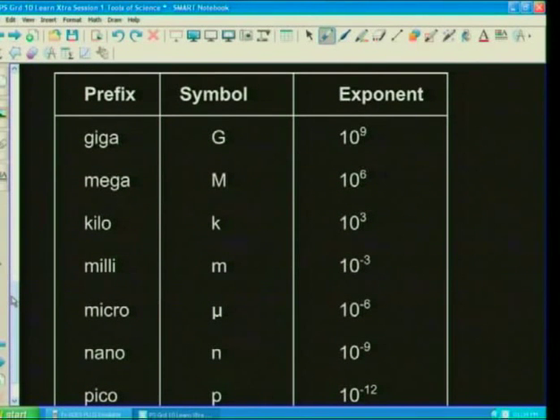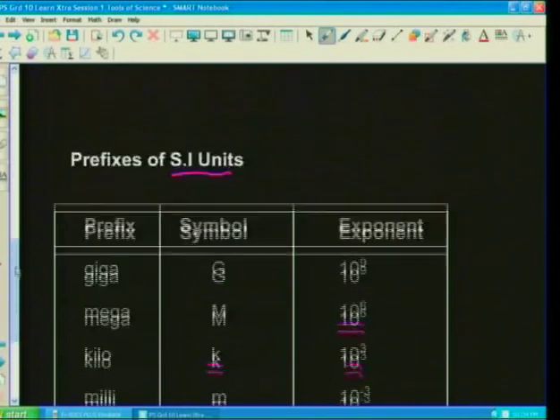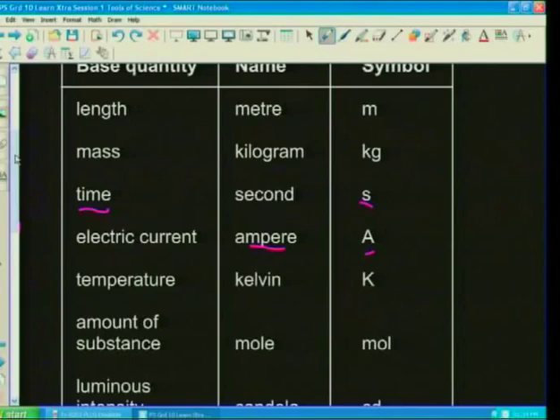So giga is G, so it would go in front of the unit, and that's 10 to the 9. Then mega is 10 to the 6. Kilo is 10 to the 3. Important thing to notice here is that kilogram is the base unit. So even though kilo is times 10 to the 3, in kilogram that's already there.